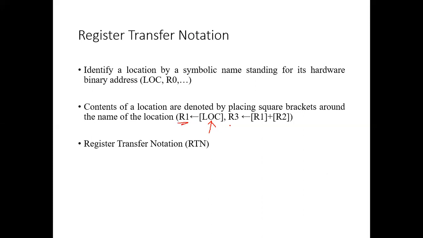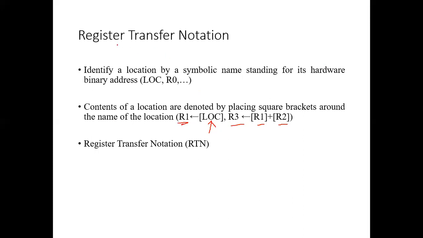Whereas add R1, R2, R3 will add the contents of R1; now R1 is not referring to a memory location. It will add the content of R1 with R2, and the result will be stored in R3.